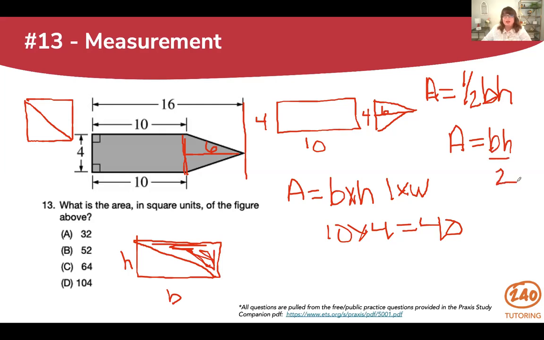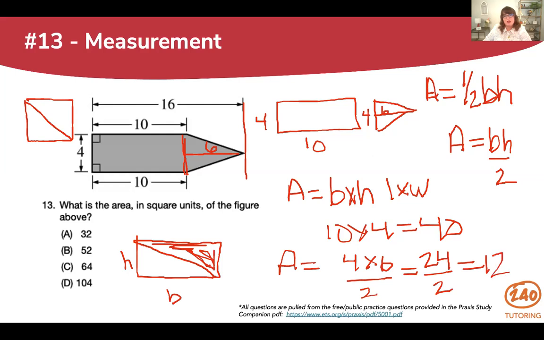So now we can find the area of that triangle. I'm going to keep working it. Area of the triangle equals base 4 times height 6, divided by 2. 6 times 4 is 24. 24 divided by 2 is going to be 12.